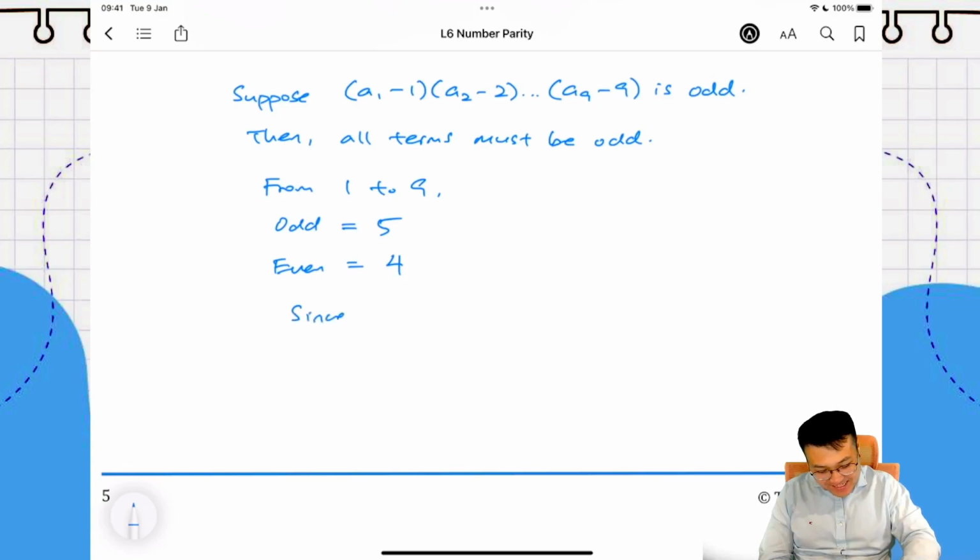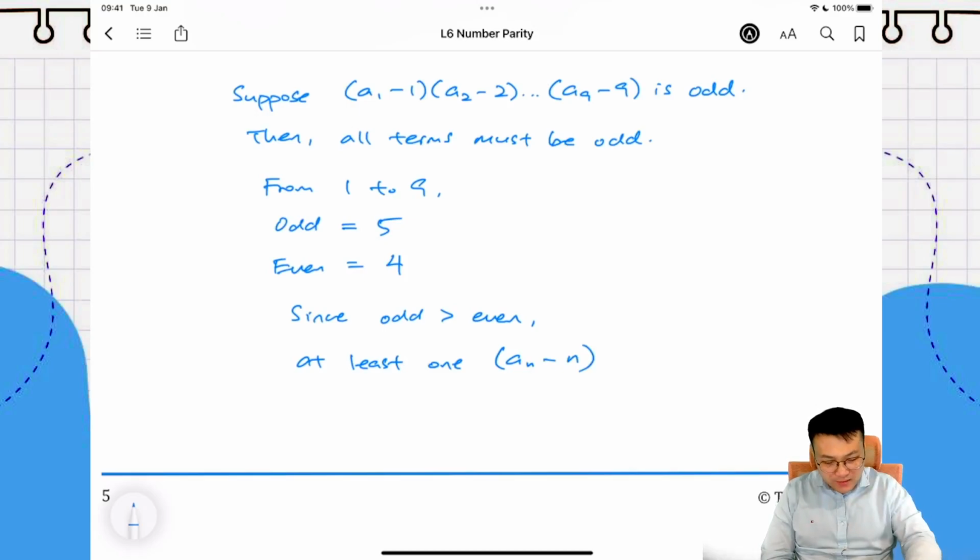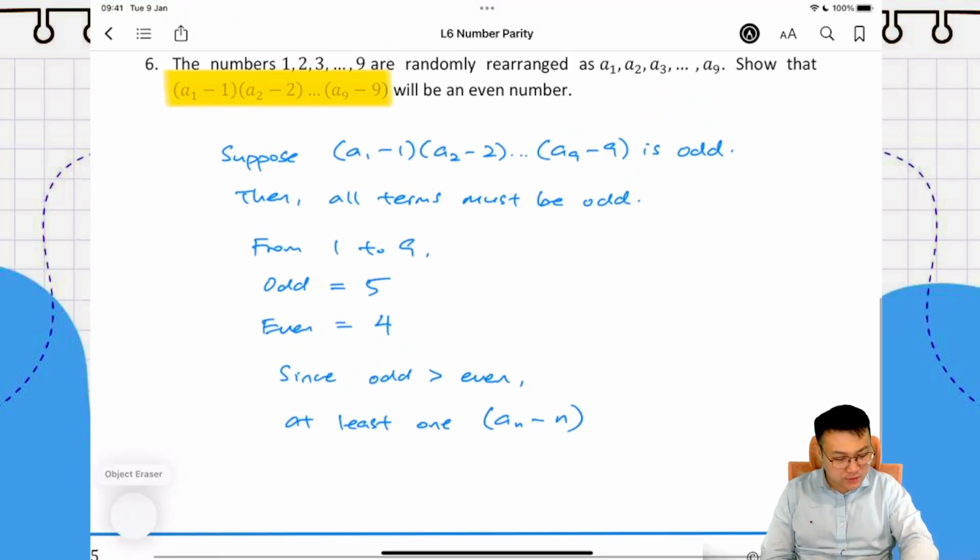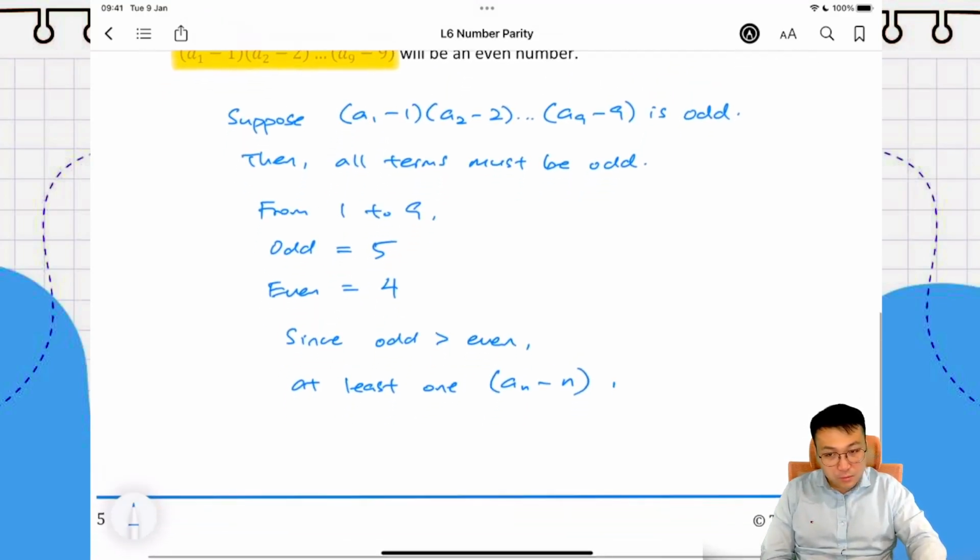So, since there are more odd numbers than even numbers, at least one of these expressions, at least one of these (A1 minus 1), (A2 minus 2) in brackets will be even.